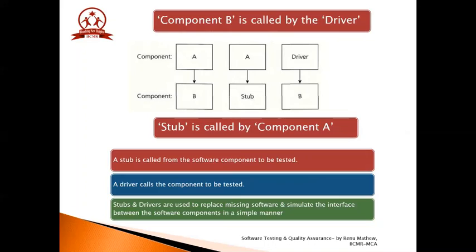So, a stub is called from the software component to be tested as shown in the diagram, which is called as a stub, and stub is called by the component A here. And a driver calls the component to be tested as shown in the diagram. So, component B is called by the driver. In short, we can say that stubs and drivers are used to replace missing software and simulate the interface between the software components in a simple manner.